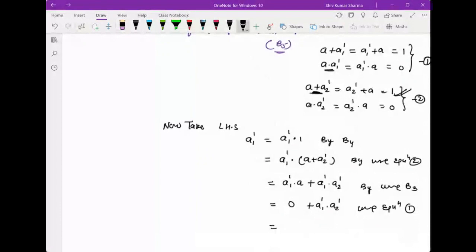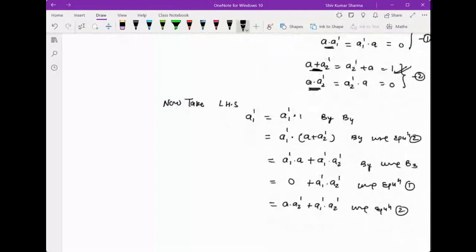Now this 0 can be written by using equation number 2 as A into A2 complement. So this can be written as A into A2 complement plus A1 complement into A2 complement. यहाँ पे हमने यूज किया इक्वेशन नंबर 2 को.